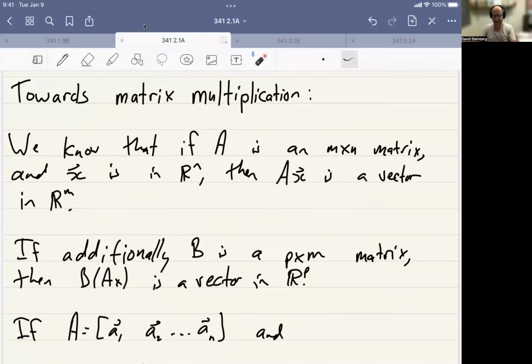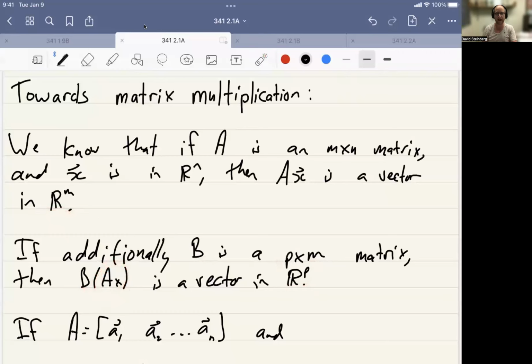So we know that if A is an m by n matrix and x is a vector in R^n, then Ax is now a vector in R^m. And additionally, if B is some p by m matrix, then we have Ax is a vector in R^m, B is p by m, so then BAx is now a vector in R^p.